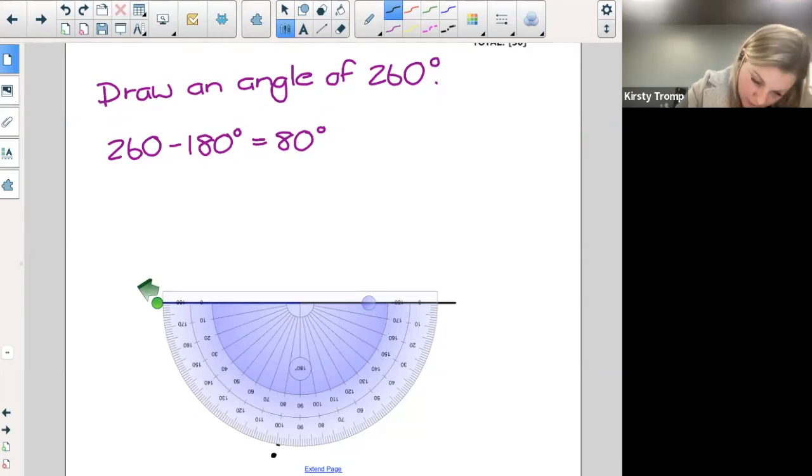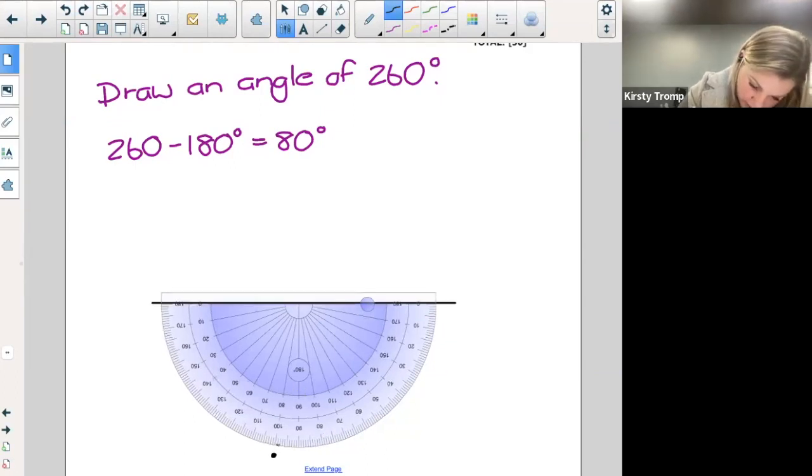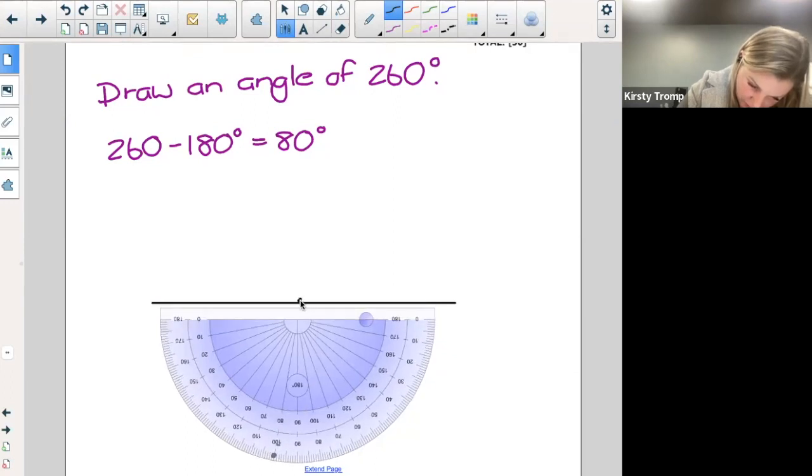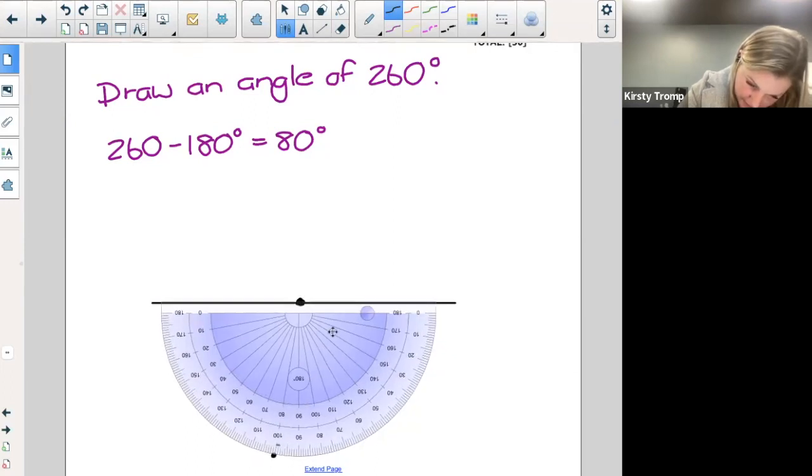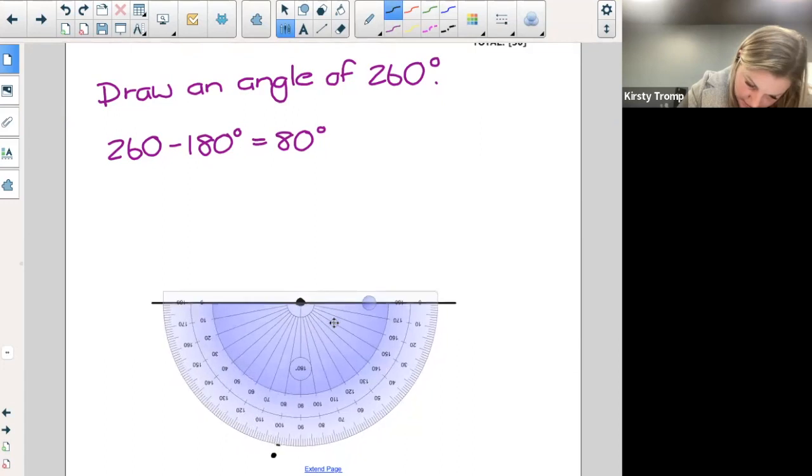Forgot to draw my point a little bit earlier on. My point in there quickly. Make sure that this point is there. Okay, so this is one way to do it. I will show you a different way to do it.